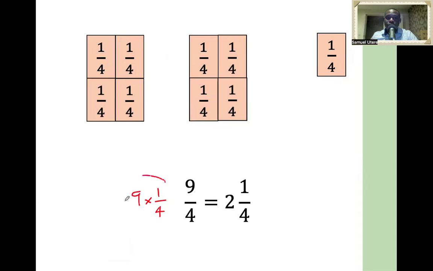I want you to take note of how we split this into this, because it's a really cool way you can do other things with maths. There are so many things you can do once you know that 9 quarters, 9/4, is the same thing as 9 lots times 1/4.